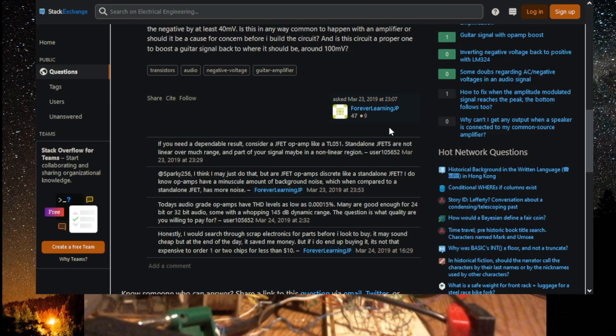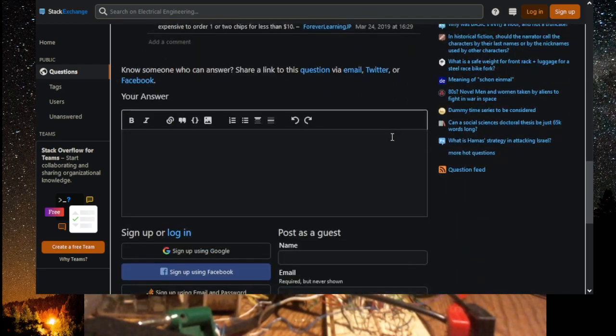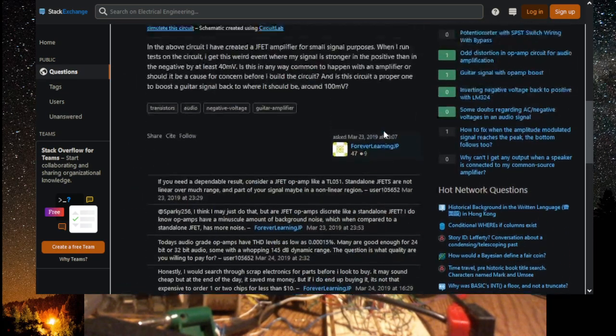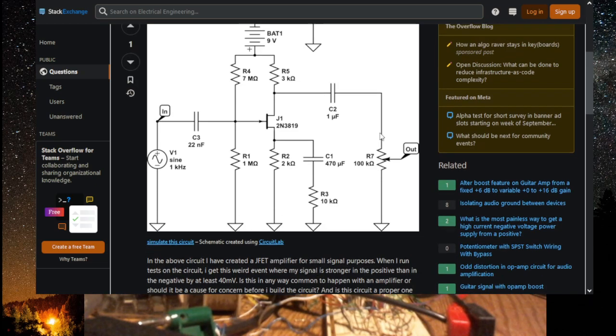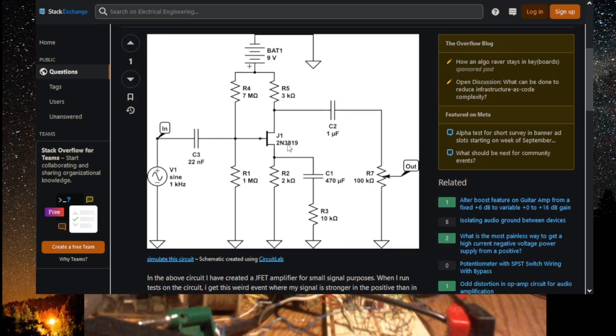Today's audio grade op amps have THD as low as, geez, that's pretty low. Some 145 dB, whatever the heck that is. So that's an interesting point. It says that it's not linear.